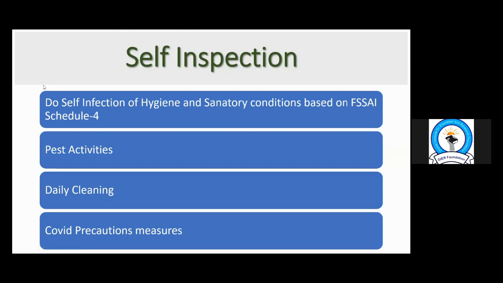But pest and cleaning should be inspected daily. And please ensure that everyone is following COVID-19 precautions. Keep distance, use mask. So this is the end of today's FoSTaC training.